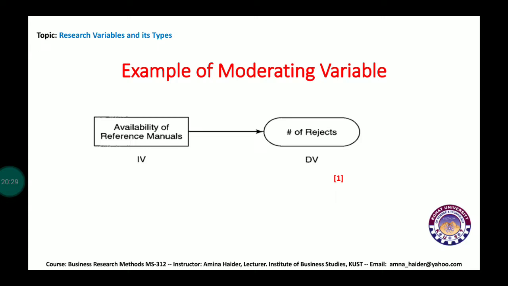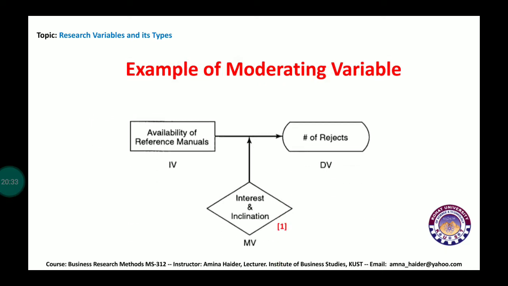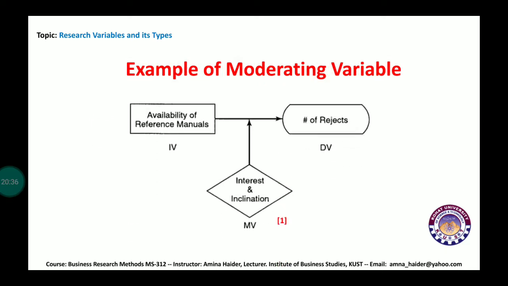So, explaining in terms of a moderating variable: availability of reference manual is the independent variable, number of rejects is the dependent variable, and then we include the third variable, that is the moderating variable, and it is interest and inclination.